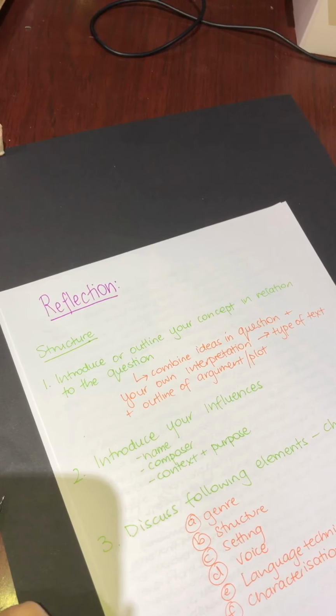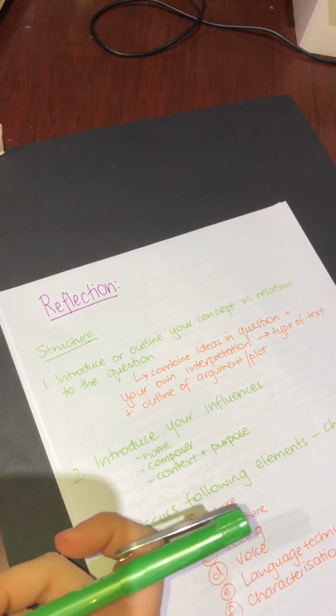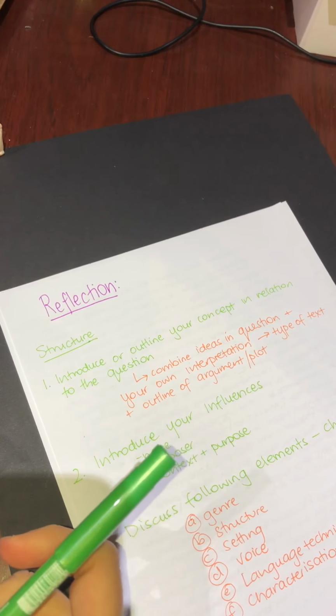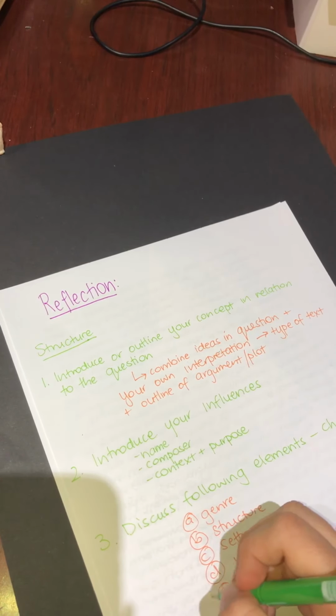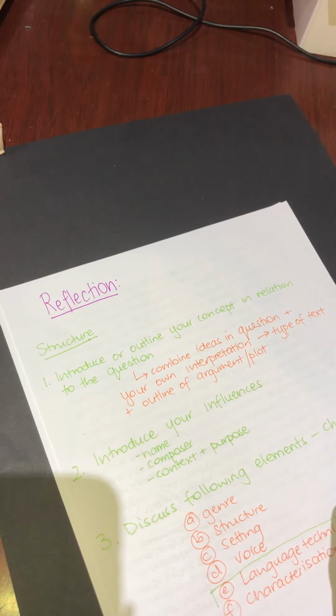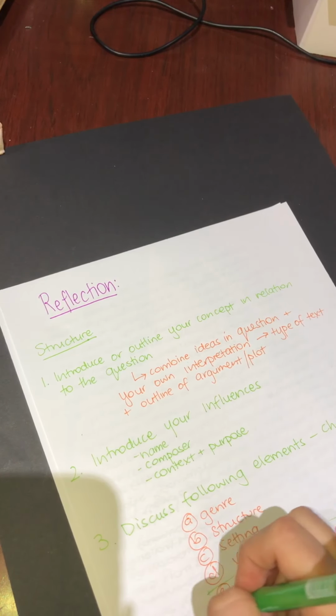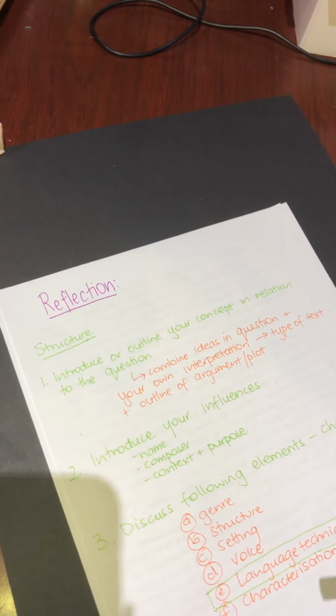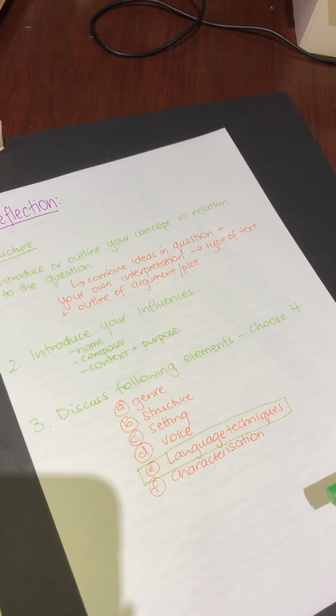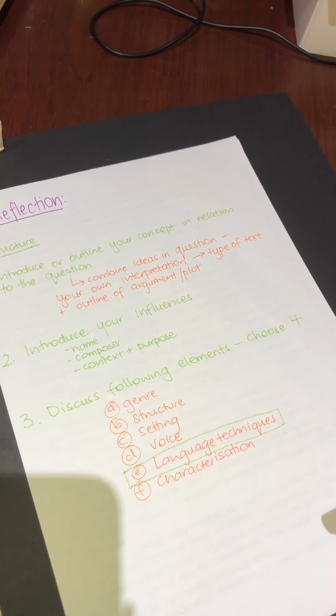Now, the one that I would say that you definitely need to use is the language technique. So no matter what text type you're writing, which text you're saying you're influenced by, definitely reflect upon the language techniques that you have used at some point.